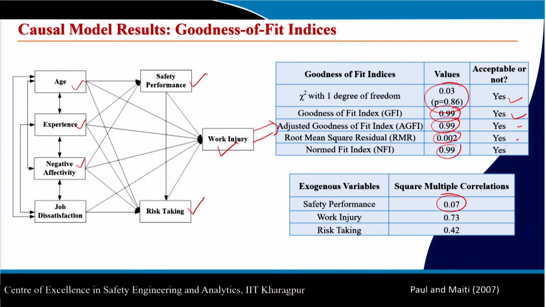So, very low value, but if we consider work injury, where in addition to the exogenous or independent variables, the dependent variable safety performance and risk taking are also considered, 70% of the work injury variability is explained. So, it is a very high value. Similarly, for risk taking, where we are measuring risk taking attitude using the 4 exogenous variables as well as the safety performance variable, 42% variability is explained.